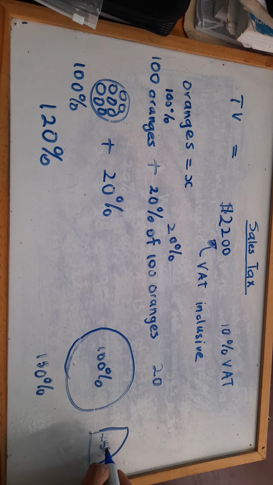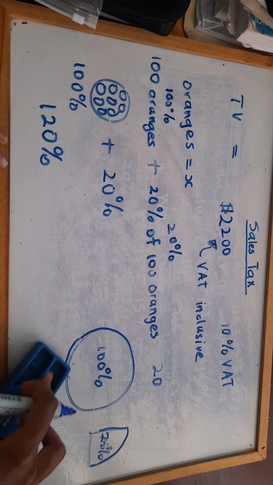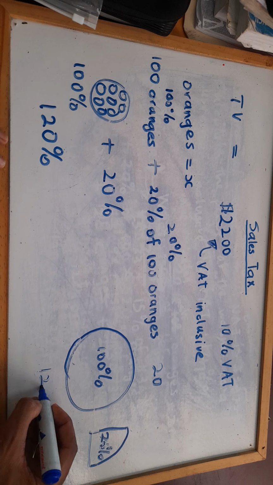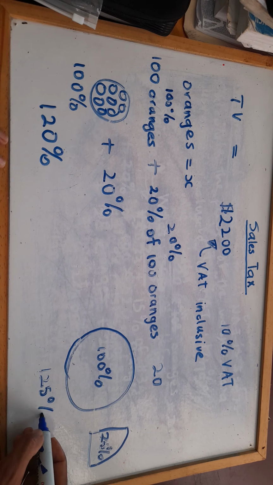A quarter is 25%. We deal with percentages because it's percentages we deal with in the task. 25%. What you had before plus what is added on is 125%.